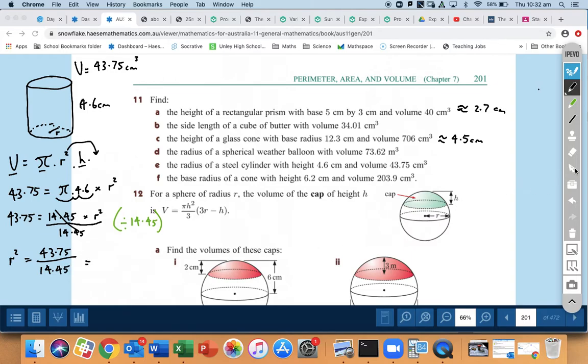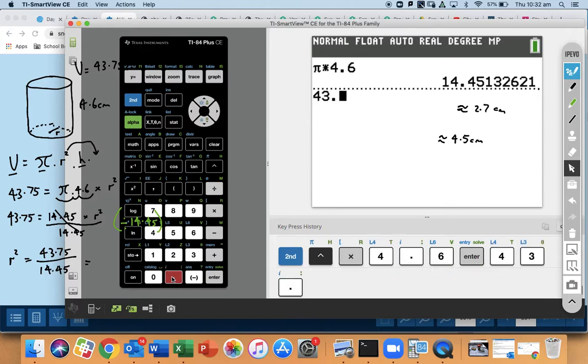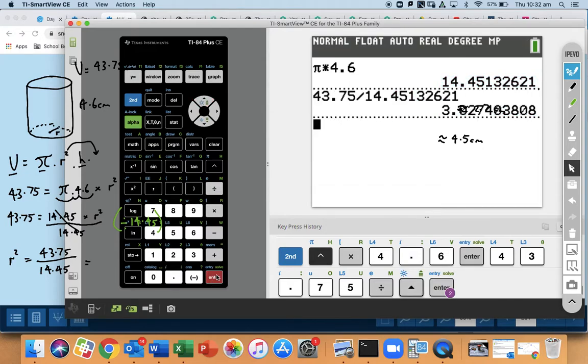So back to the calculator. We've got 43.75 divided by 14.45, and that equals 3.027. Let's make it 3.03.